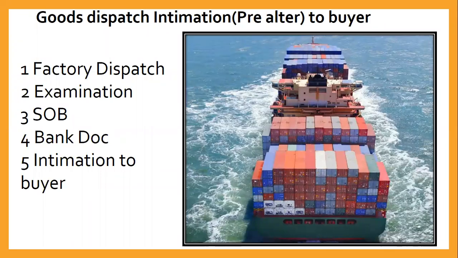When we dispatch the goods from the factory, we need to prepare some documents for the customs clearance examination. And on the basis of those documents, our shipment will be examined in customs.